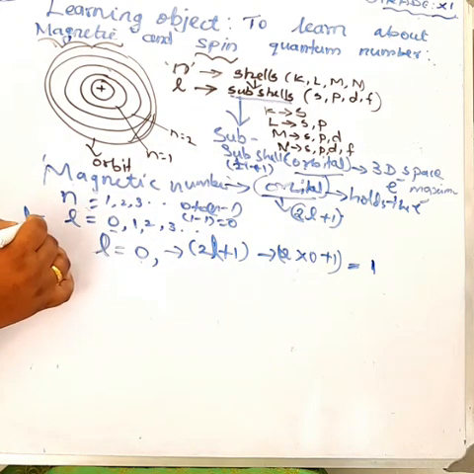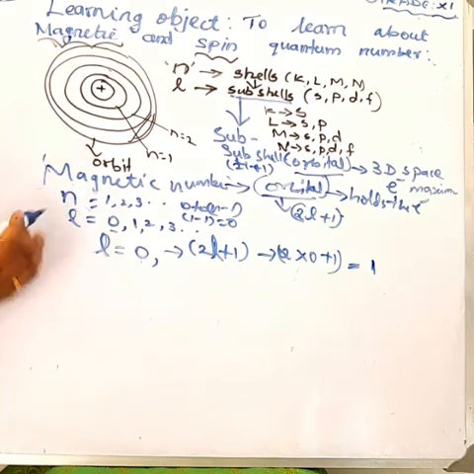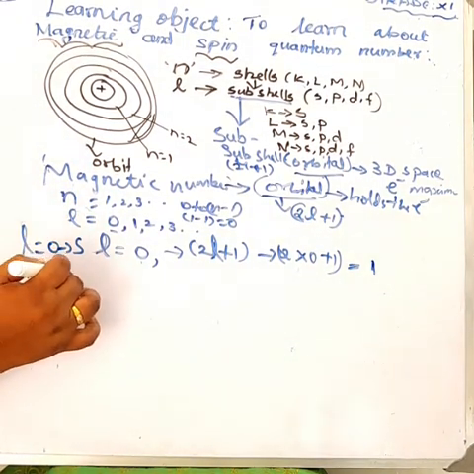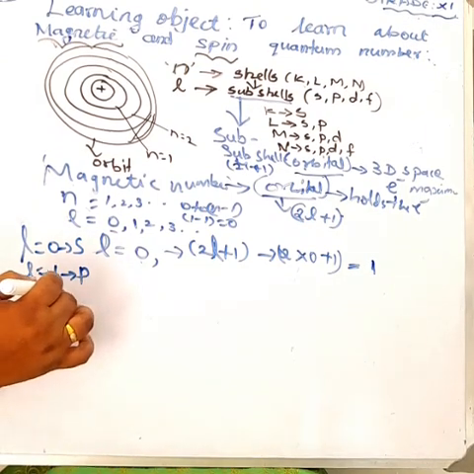L is equal to 1 means P subshell, L is equal to 2 means D subshell, and L is equal to 3 means F subshell.